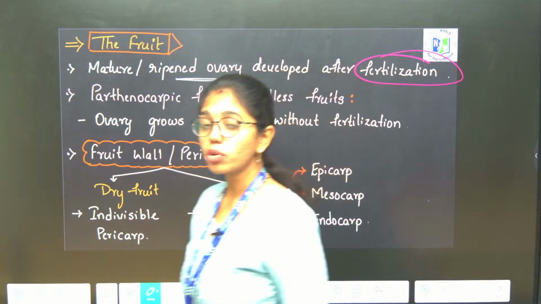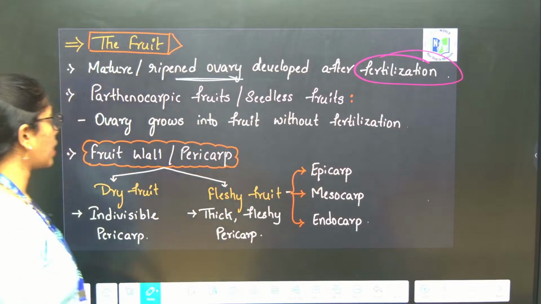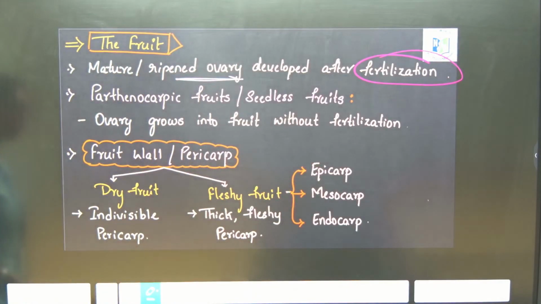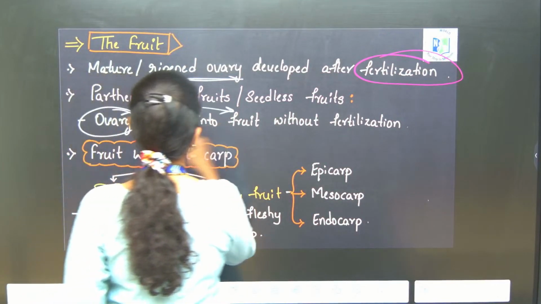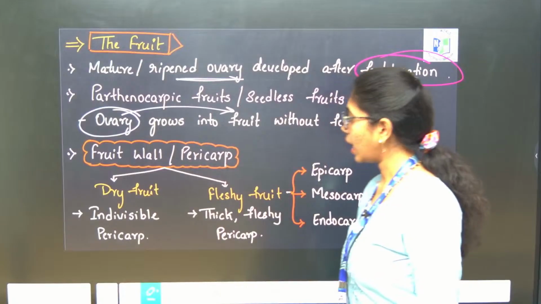But there are some fruits which are formed without fertilization. Those fruits are said to be what? Parthenocarpic fruits or seedless fruits. Fine, right ma? Where ovary grows into fruit without any fertilization.